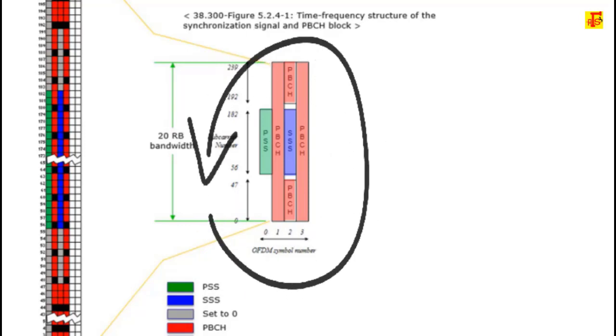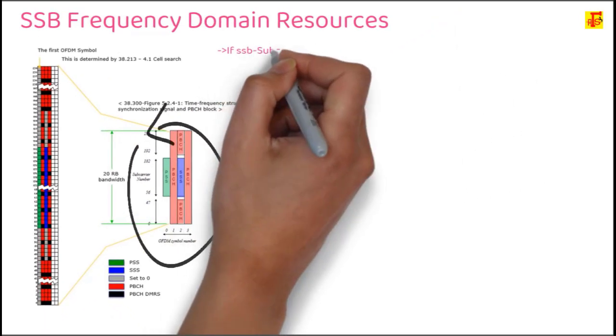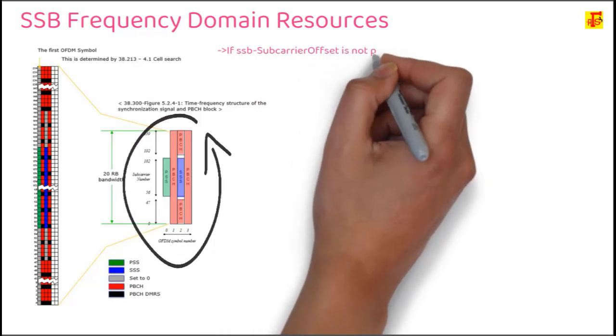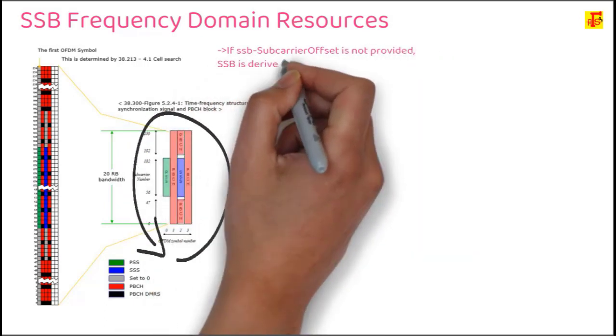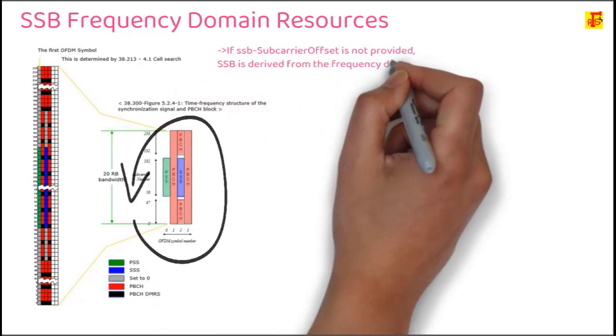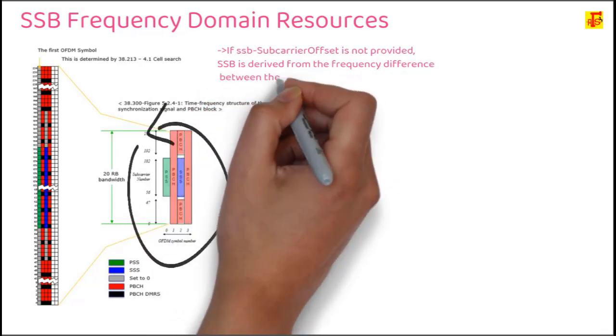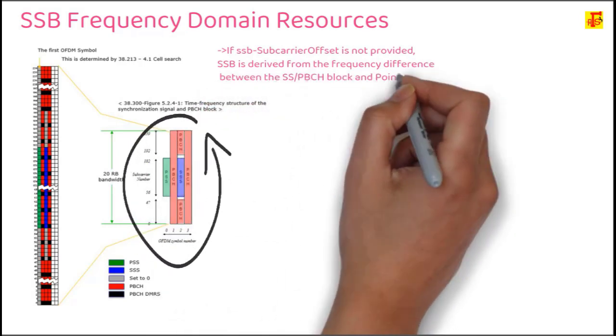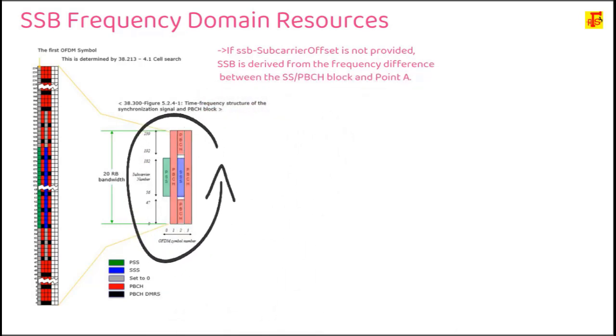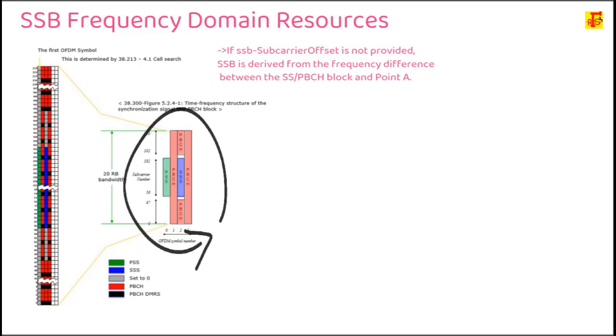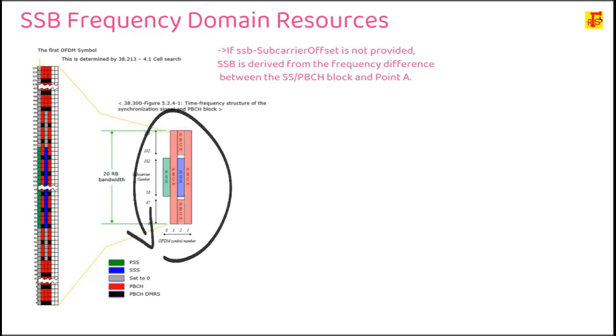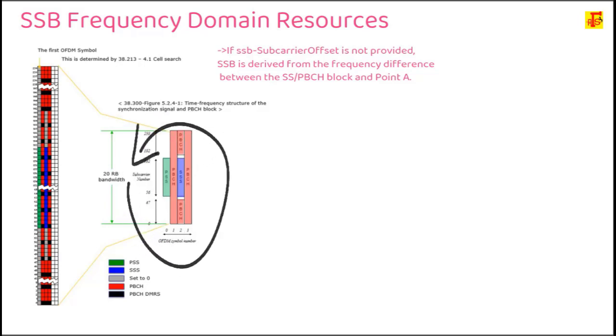So if the SSB subcarrier offset is not provided, the SSB is derived from the frequency difference between the SSB block and point A.